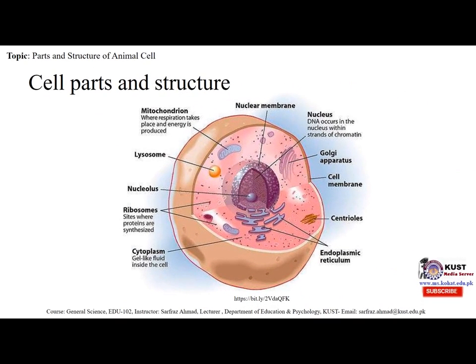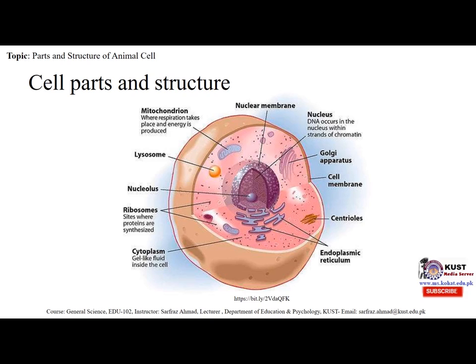Cell parts and structures. Here you can see the different parts and structures, like mitochondria, where respiration takes place and energy is produced. Then the nuclear membrane, and the nucleus, where DNA occurs within strands of chromatin.